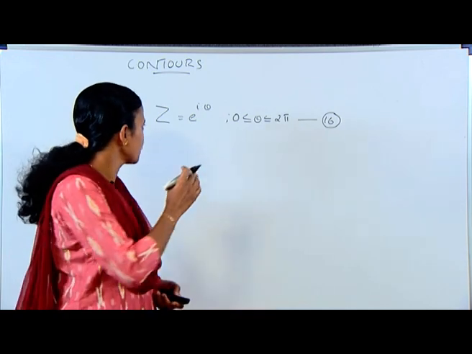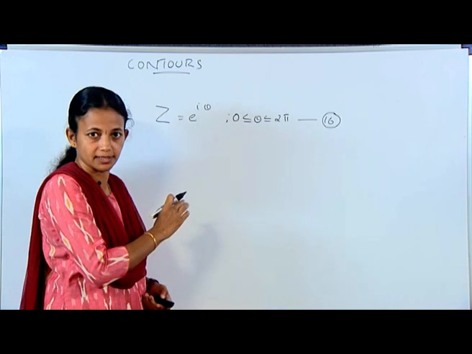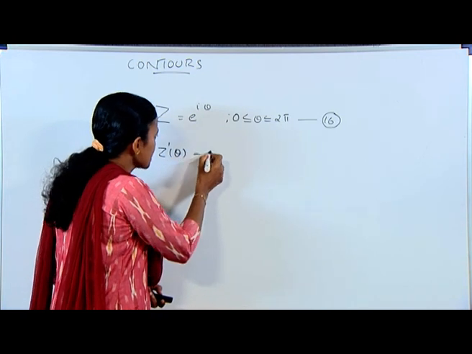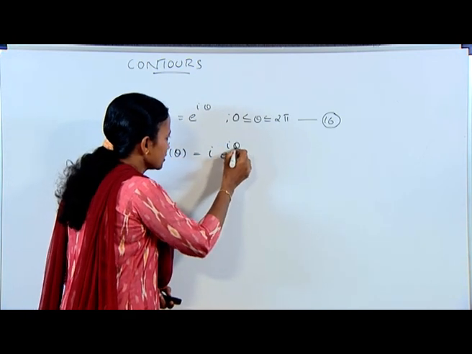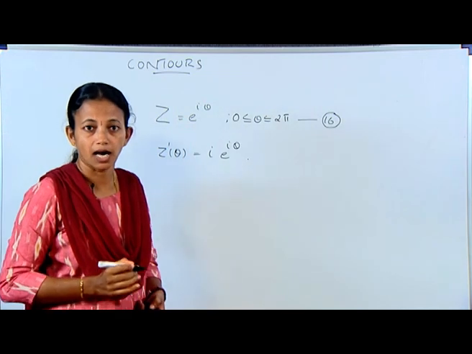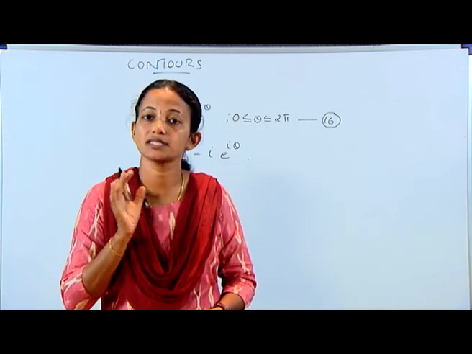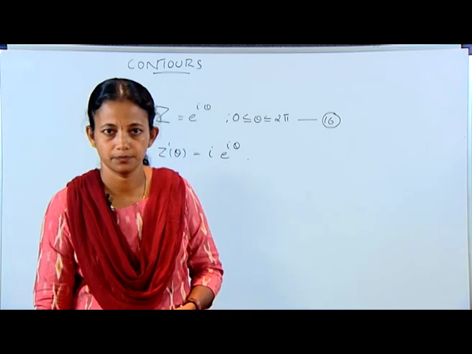Since we have z of theta is equal to e raised to i theta, and z dash of theta is i e raised to i theta, which are continuous, and z of 0 is equal to 1, which is again equal to z of 2 pi.